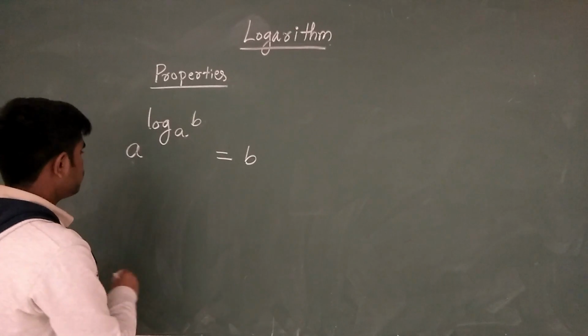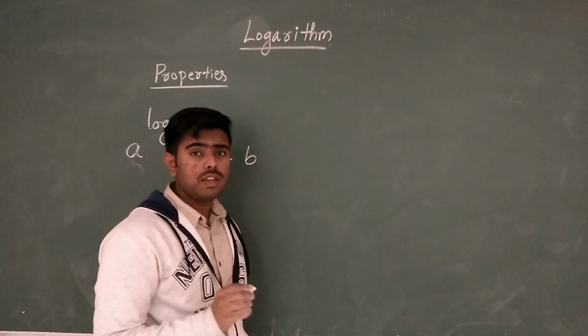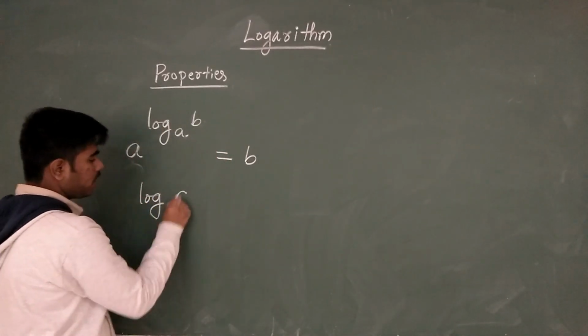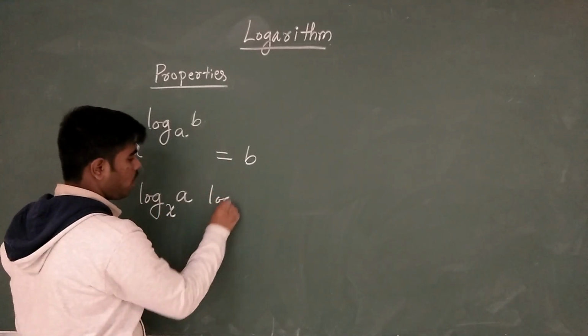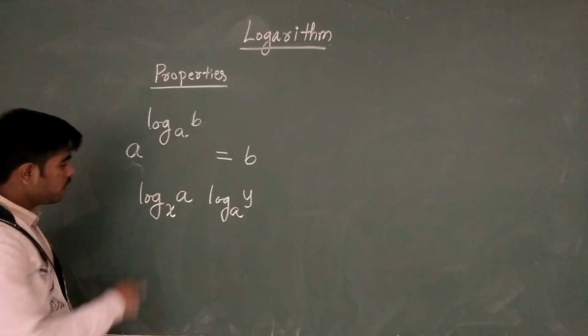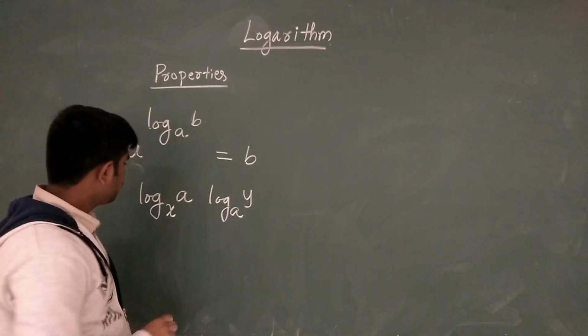Similarly we have one more property which is very, very important. If I have log a to the base x and log y to the base a, this is the product of two logarithmic functions.